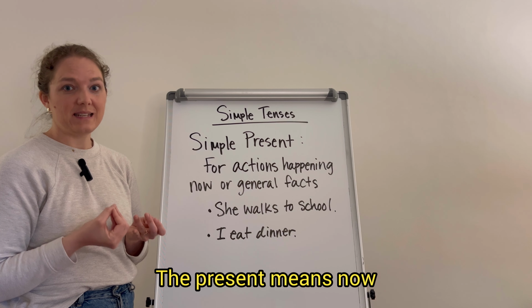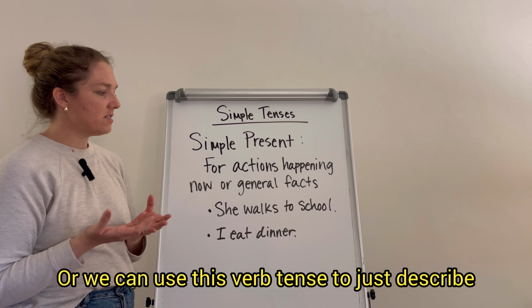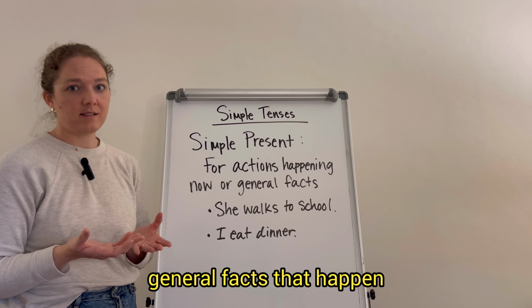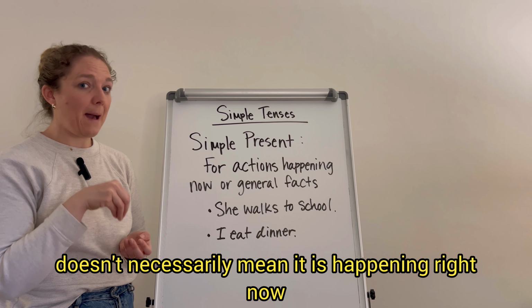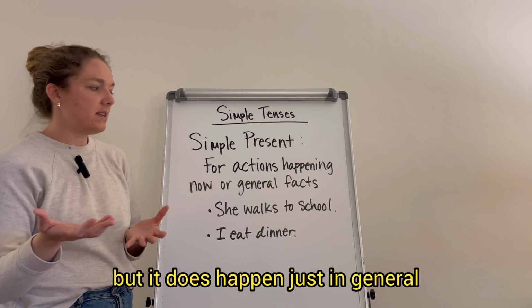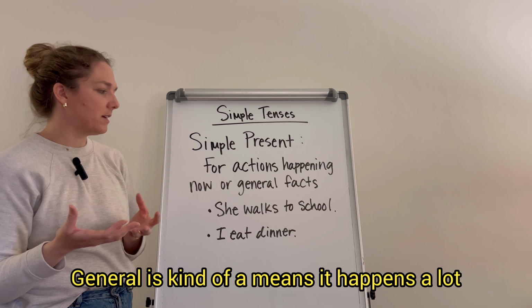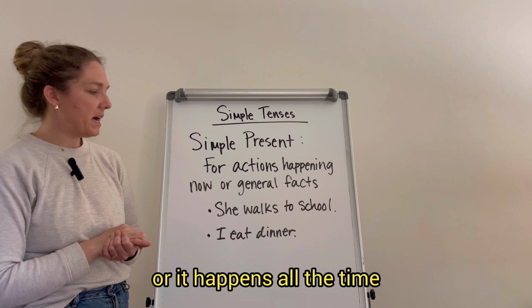The present means now. Or we can use this verb tense to just describe general facts that happen. It doesn't necessarily mean it is happening right now, but it does happen in general. General means it happens a lot or all the time.